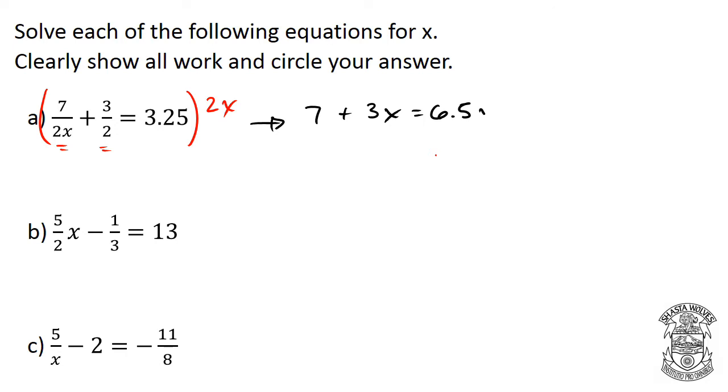So this equals 6.5x. If I subtract 3x from both sides, I get that 7 is equal to 3.5x. And if I divide both sides by 3.5, 7 divided by 3.5, 3.5 goes into 7 twice.